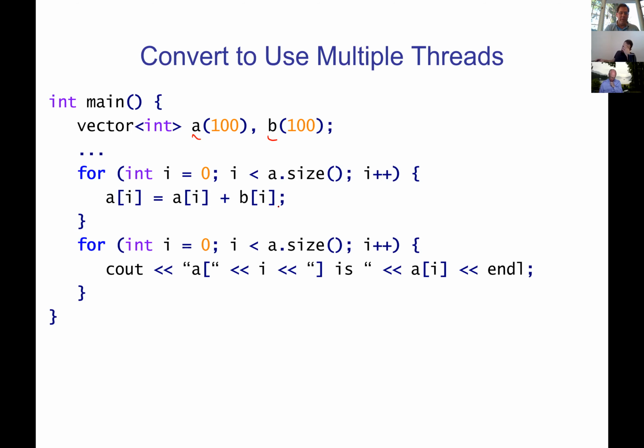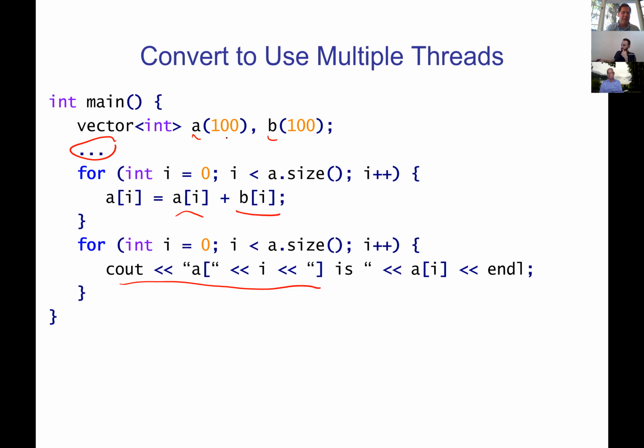I'm going to go through all of those vector elements and say that A at a certain index is equal to the A element at that index plus the B element at that index. Then I'm going to go through and print out each entry of A. Pretty simple thing: add two vectors together.